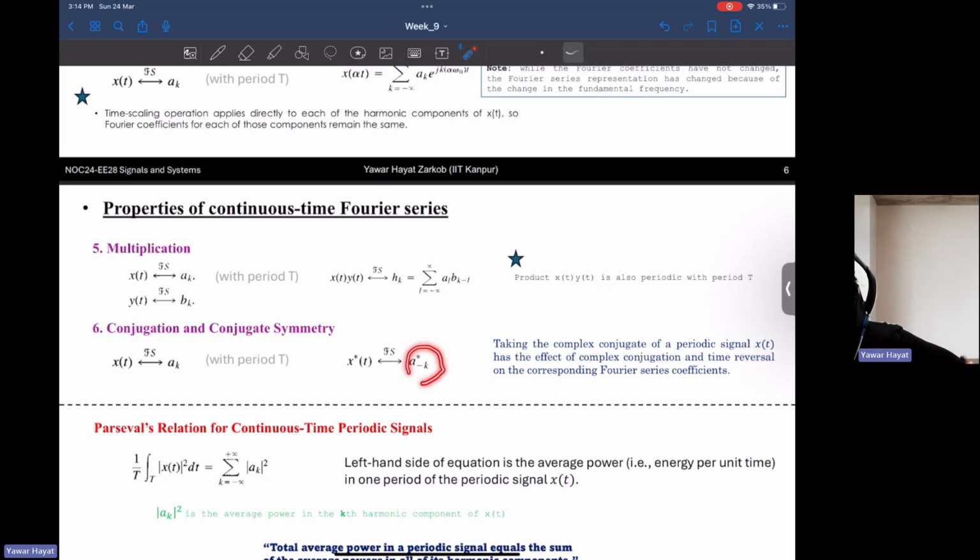The Fourier series coefficients are conjugated and time reversed. So taking a complex conjugate of the periodic signal x of t has the effect of complex conjugation and time reversal on the corresponding Fourier series coefficients.